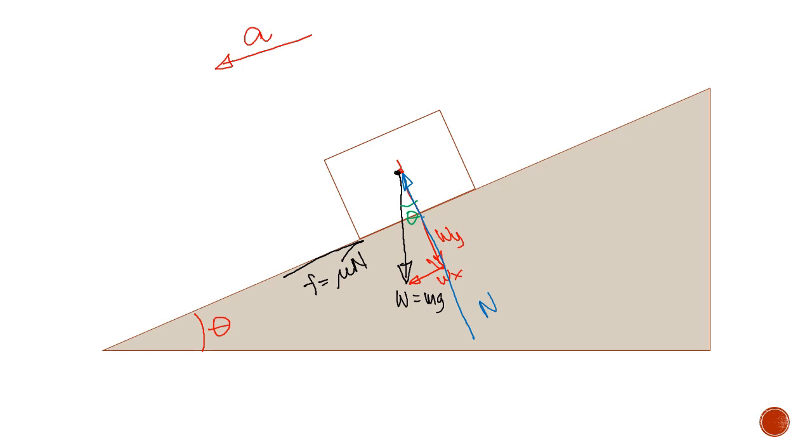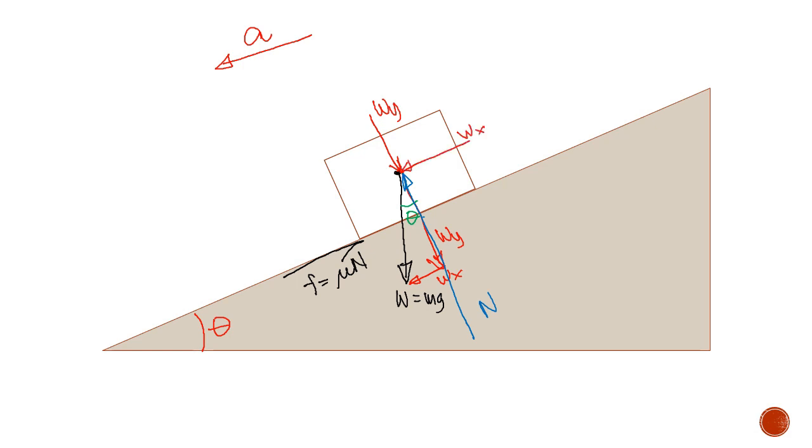So we have a W sub y that is acting, actually, let us try to project that here. That W sub y, and the normal force is acting perpendicular to that surface. W sub x, if we project it here, it will be something like this one.